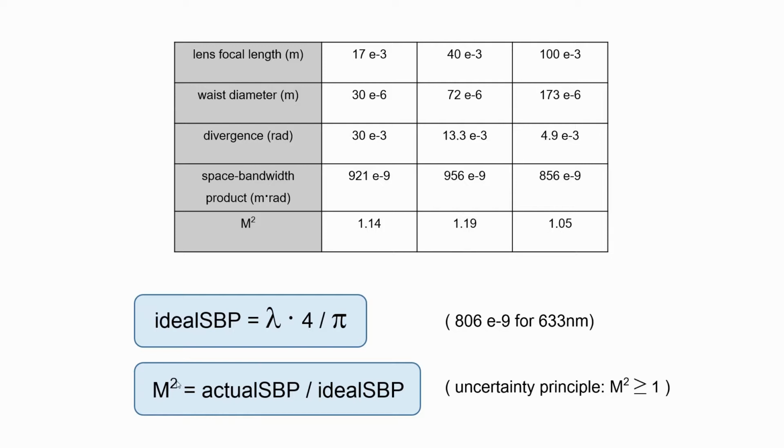And it's designated as M squared rather than just M, because typically you think of both the diameter and the divergence as increasing by the value M. And so for the space bandwidth product, you would have M squared times the ideal space bandwidth product.